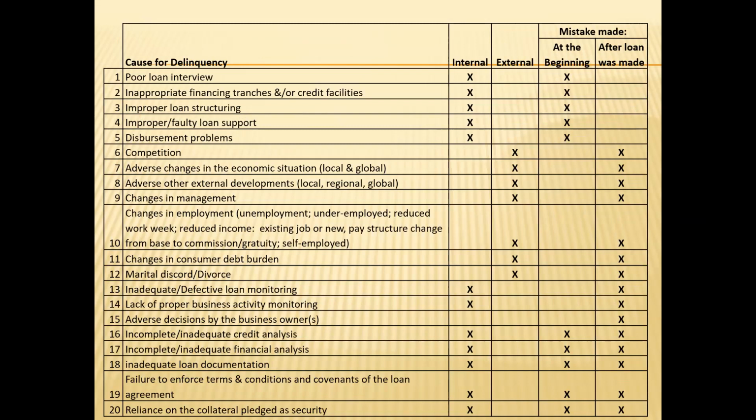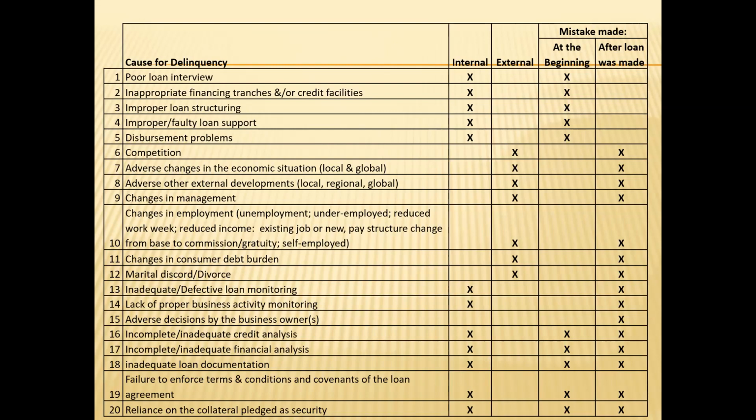Improper loan structuring, the loan wasn't structured properly, so that's an internal problem made at the beginning of the loan. Improper or faulty loan support, that's an internal problem at the beginning. Disbursement problems, again, that's internal at the beginning.